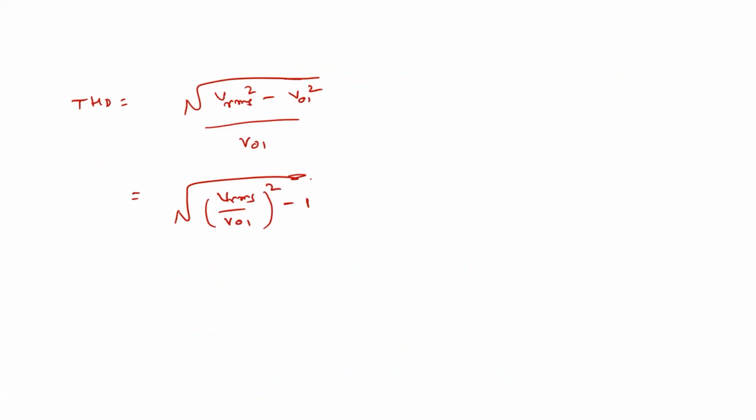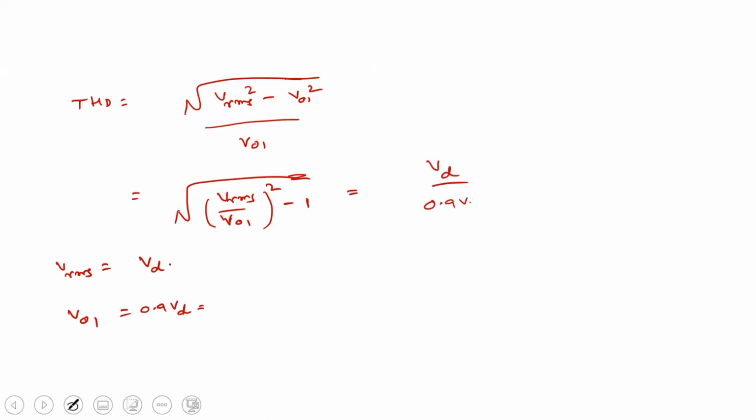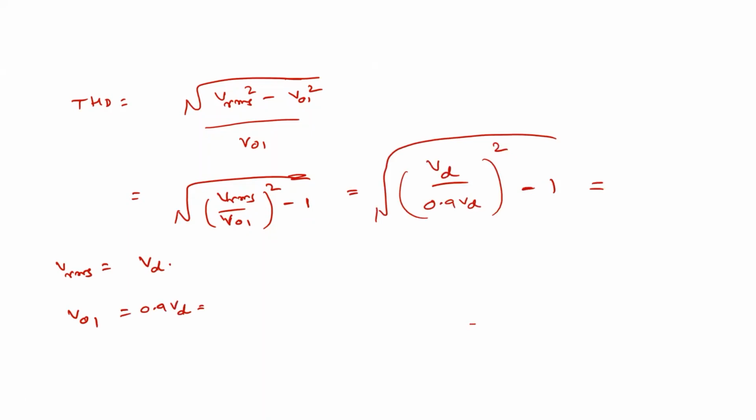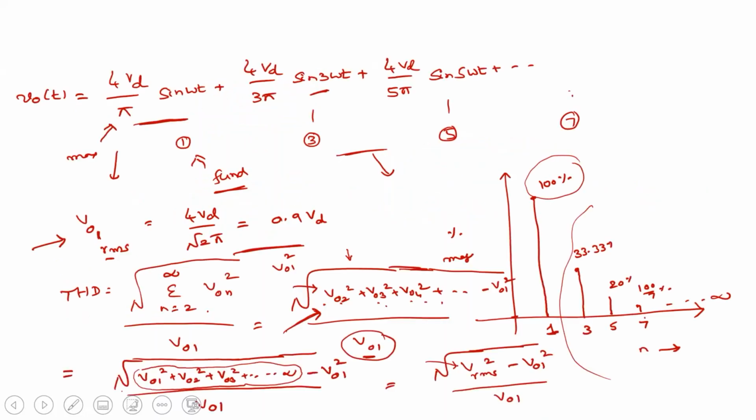VRMS is VD and V01 is 0.9 into VD. So we get the square root of (VD by 0.9 VD) whole square minus 1. What is the answer? 48.43.